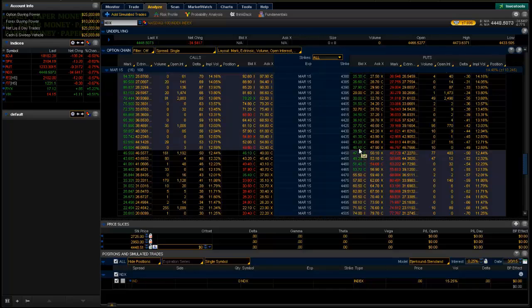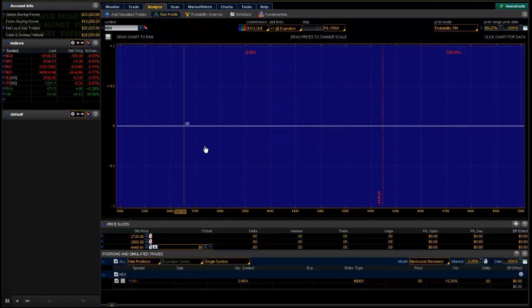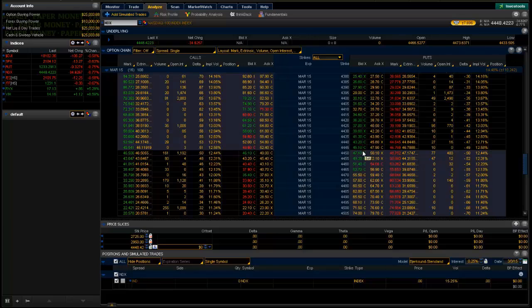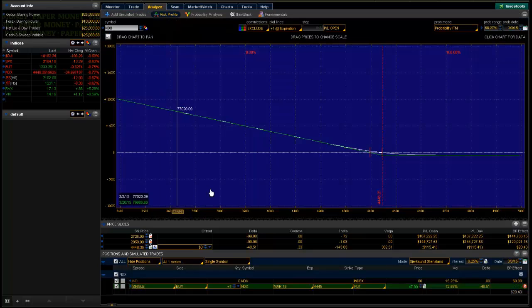You can practice those too, but you need to understand the key components of why these options lose value, why they gain value, and what kind of influences these numbers, these Greeks, have on individual options and option spreads.